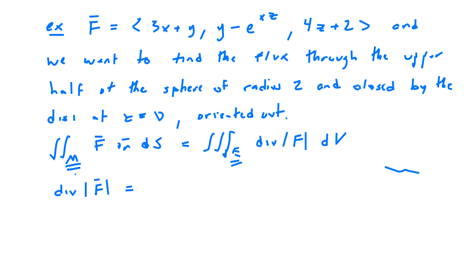So let's try it using the second way. What is the divergence of this function? So again, it is the derivative, and here since there are only three components, I'm just going to call them P, Q, and R. Right, so it's just going to be the derivative of P with respect to X, plus the derivative of Q with respect to Y, plus the derivative of R with respect to Z. So 3 plus 1 plus 4.